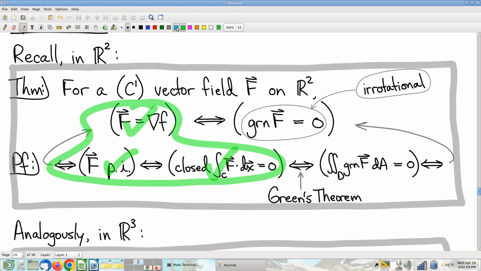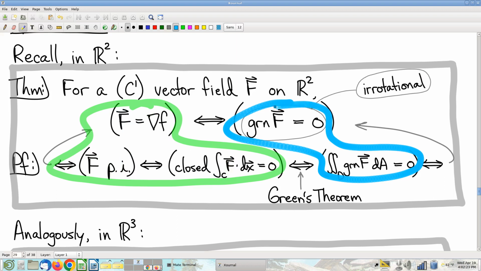And then I also made this observation that these two statements are actually pretty much the same statement. If you have a double integral of an integrand, and this double integral is not only equal to zero, but for every domain you'll always get zero, the only way that's possible is if your integrand is itself zero.